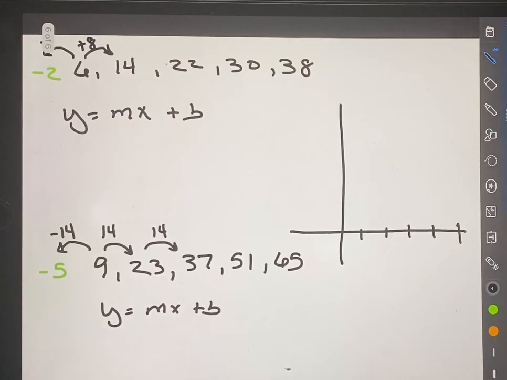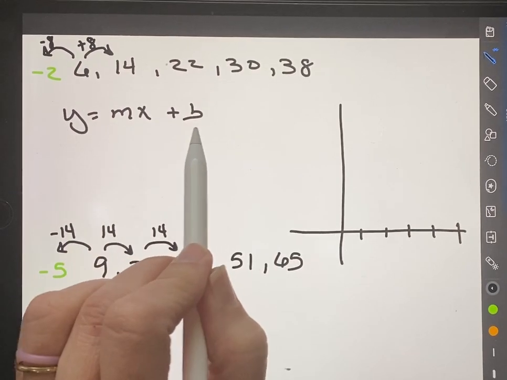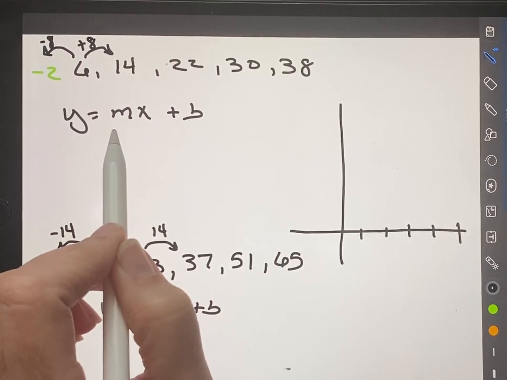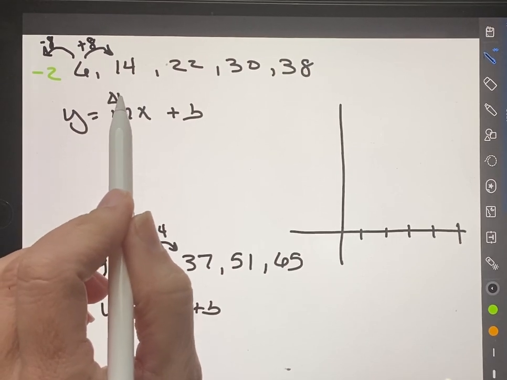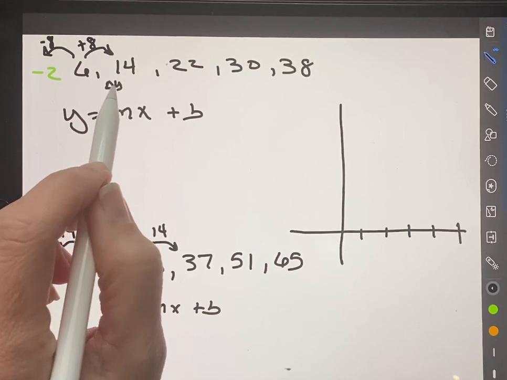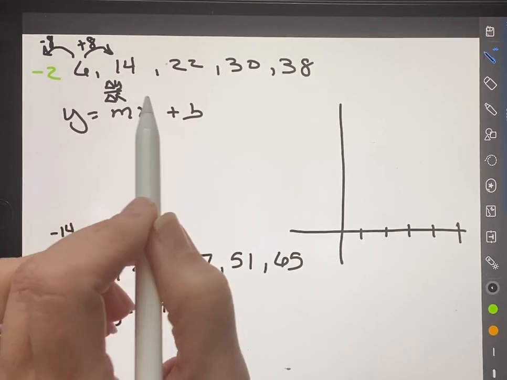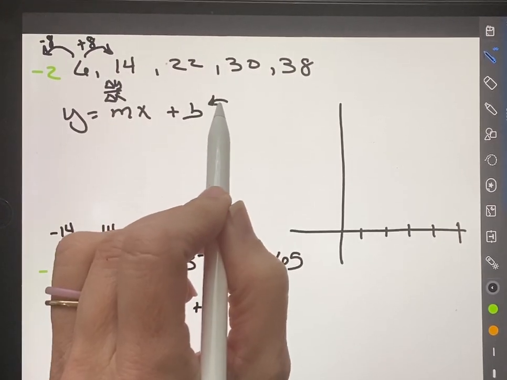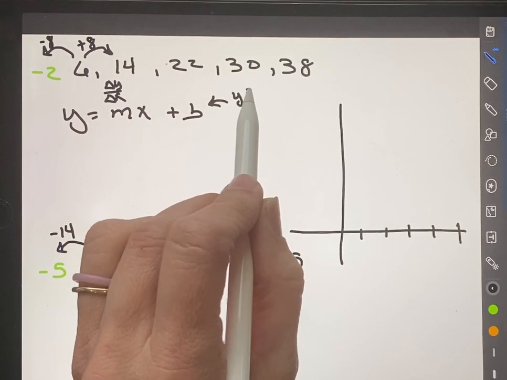Let's look at it. So if we have the same exact points, we know that for our slope-intercept form, we have our slope, which is our change in y over change in x, and our b value is our y-intercept.